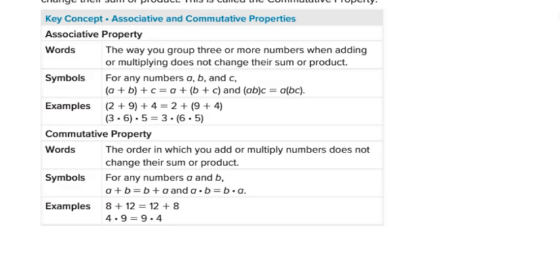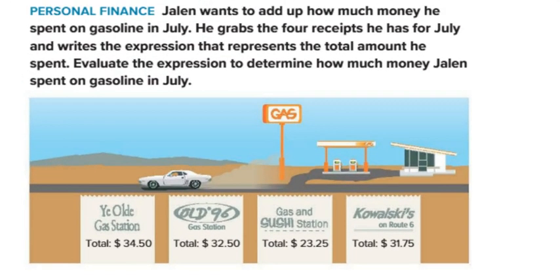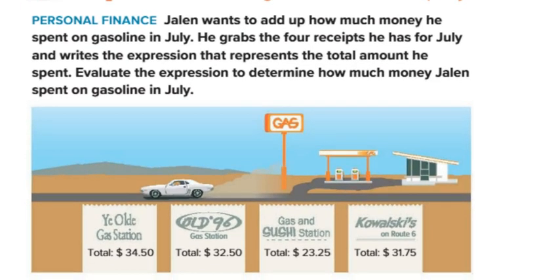Commutative property is when you can add or subtract numbers, the order doesn't matter. So if I look at addition here, they have 8 plus 12 is the same as 12 plus 8. So I'm allowed to flip things around those addition signs. Same with multiplication. 4 times 9 is the same as 9 times 4. So those are those two properties.